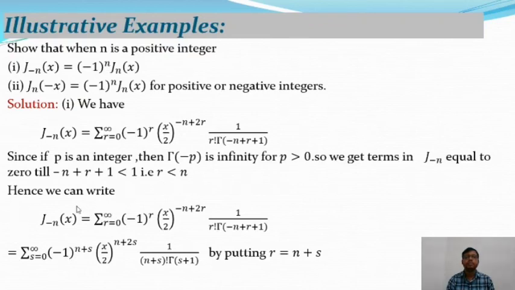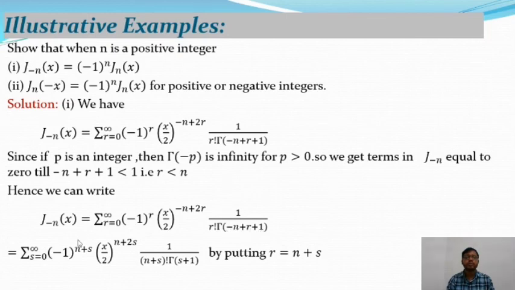So hence we can write J_{-n}(x) is equal to the summation of r equals 0 to infinity (-1)^r (x/2)^{-n+2r} into 1 by r factorial into gamma of minus n plus r plus 1.